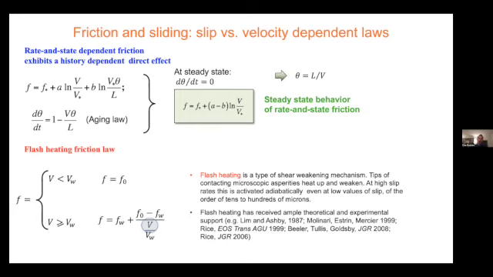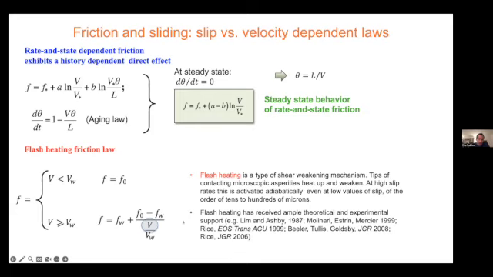Historically, flash heating friction laws have been proposed in the context of tribology, in fact, by Ashby and Molinari and others. And then they were proposed to the earth science community by Rice, Beeler, Tullis, and Goldsby later on. And by and large, they've been found to be good candidate laws to explain weakening.